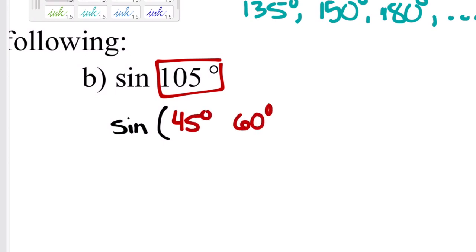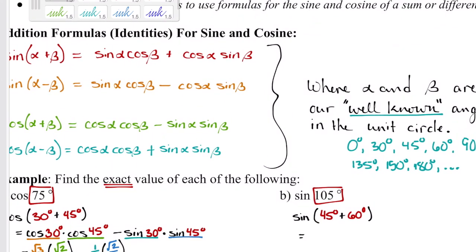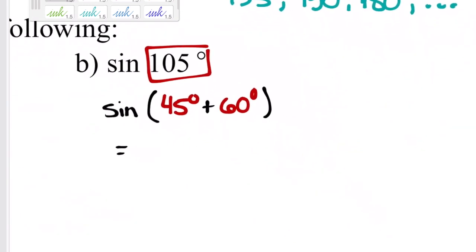Adding those two together would have gotten me the 105. Since I'm doing sine of these two angles and they're adding, I'm going to be using the formula in red. So sine of the first angle, 45, times cosine of the second, which is 60, plus cosine of 45 times sine of 60.